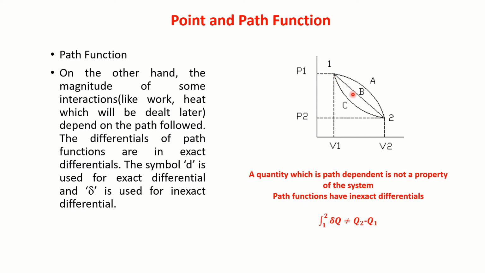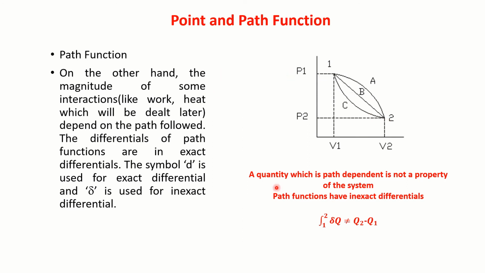If I follow this path, then this is the area. So the area under this curve is something we will name later, maybe work or maybe heat. They depend on the path. They don't depend on the end states. They depend on the path they follow between the end states.